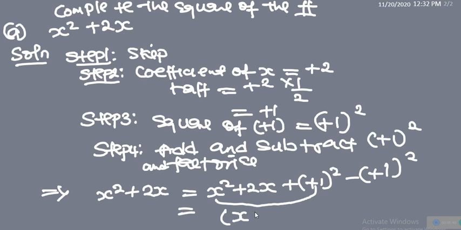So we can factorize it to (x + 1)² minus 1² will give us 1. So (x + 1)² − 1. This is now a perfect square quadratic expression. And of course, if you expand (x + 1)² − 1, you have the expression back, x² + 2x. Okay, guys. So this is how to solve. It's very simple and straightforward.